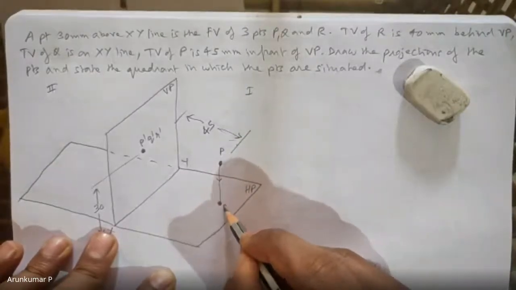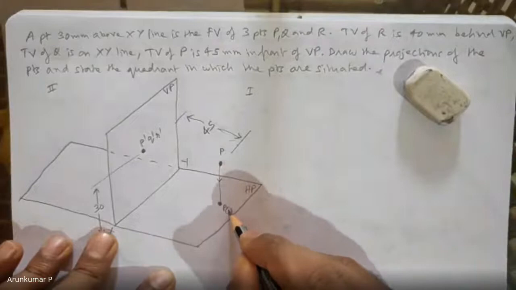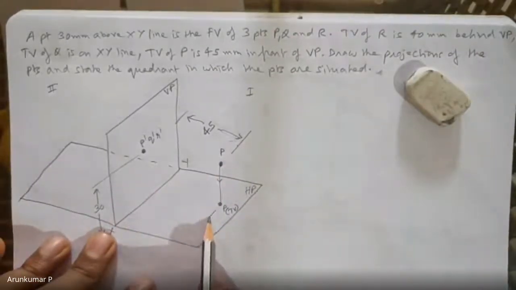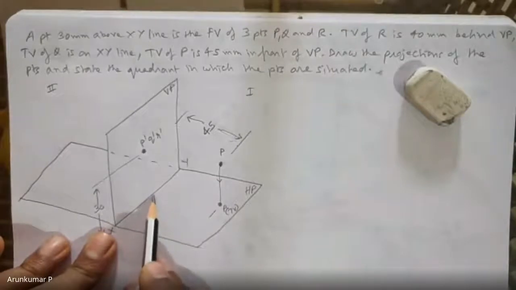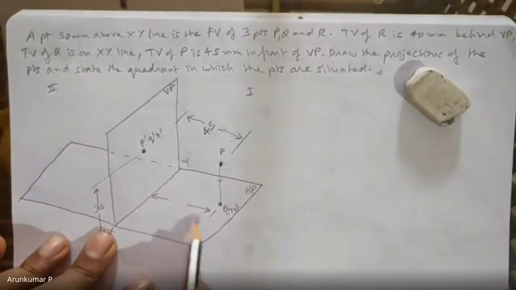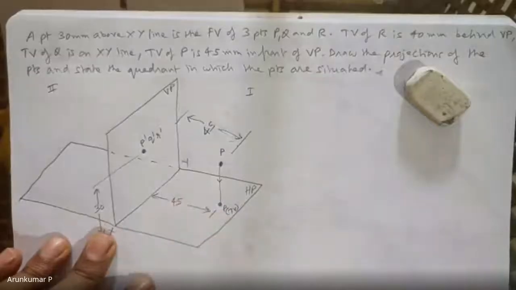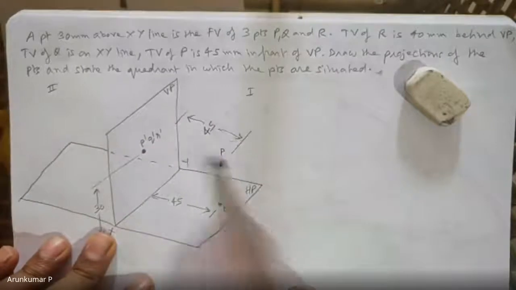This is small p, the top view. What is the distance of the top view from XY line? How much? 45 mm. Yes. So P, top view, is correct.